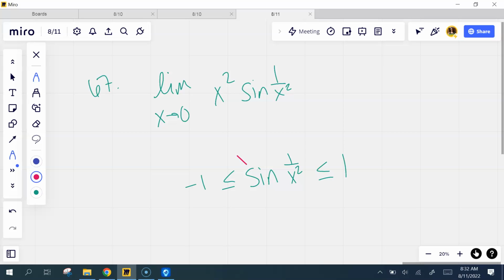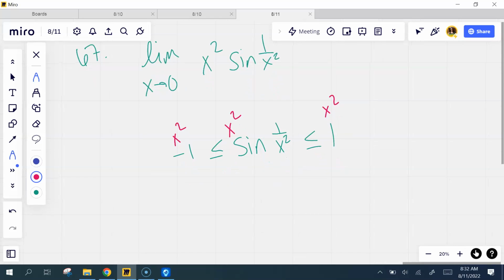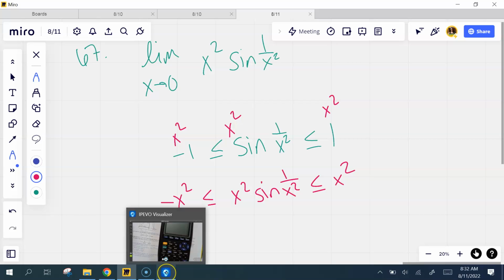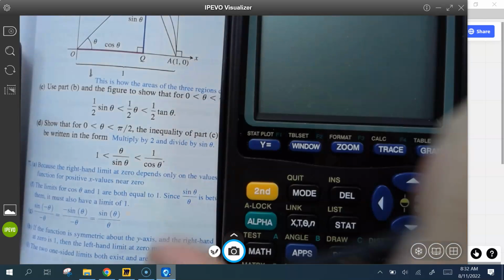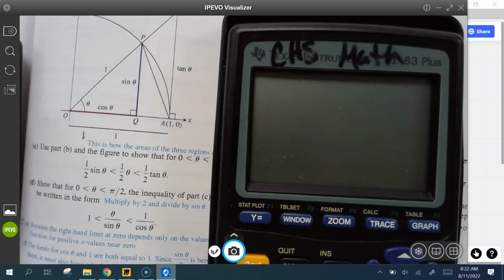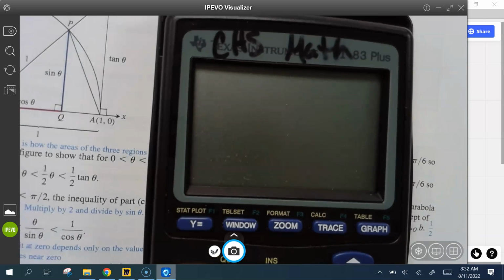So now x squared, so negative x squared. Y'all know I'm going to graph this because I love to watch how they fall between. So let's see if it really works. x squared sine of 1 over x squared.